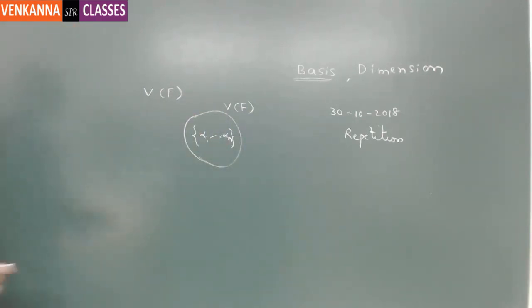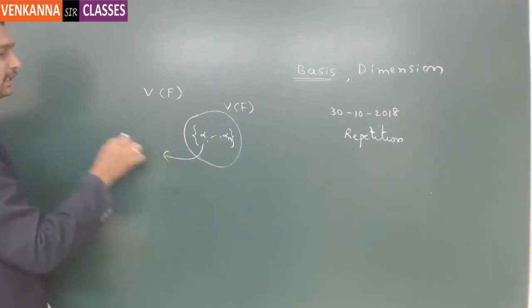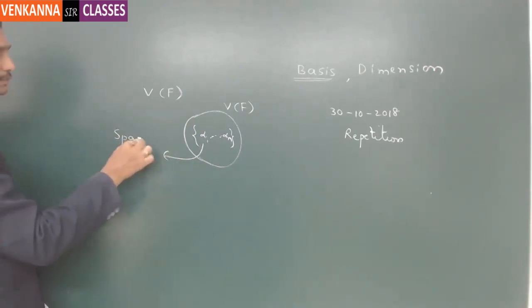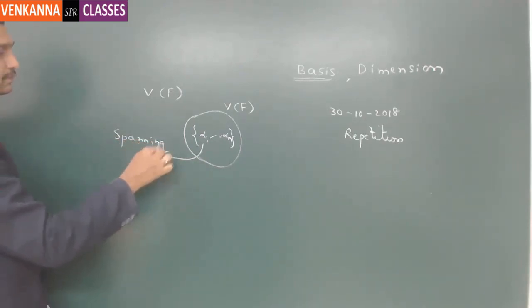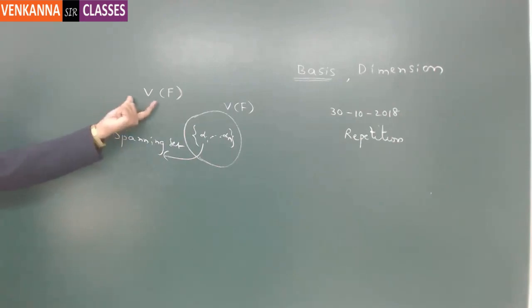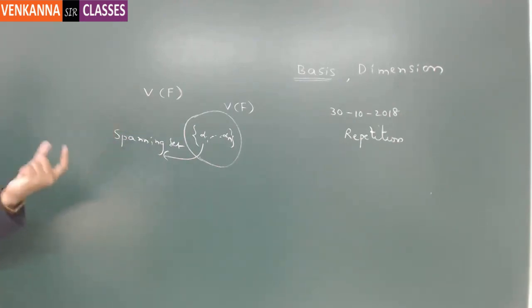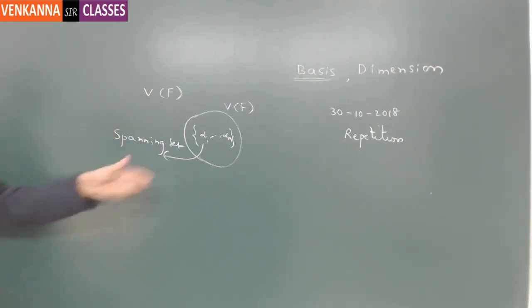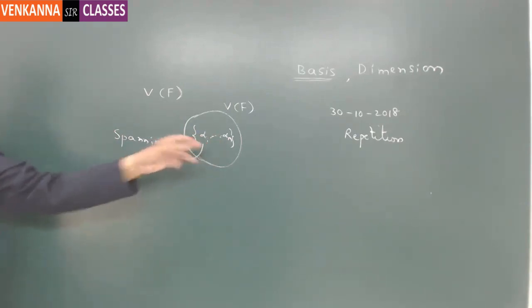We say that this is a spanning set for V of F if every element in V can be written as a linear combination of this spanning set.